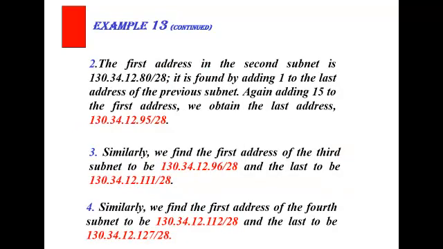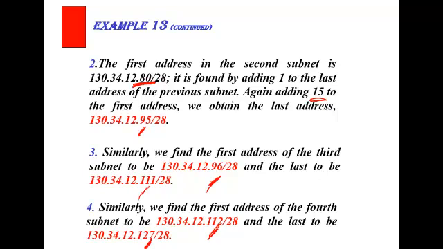Okay, and then we leave 79 because it is the special address of the first subnet. Then the first address of the second subnet is 80, then add 15 to it because an equal number of hosts are there, and we get 95. Similarly, the third will start from 96, add 15, you will get 111, then 112, add 15, 127.